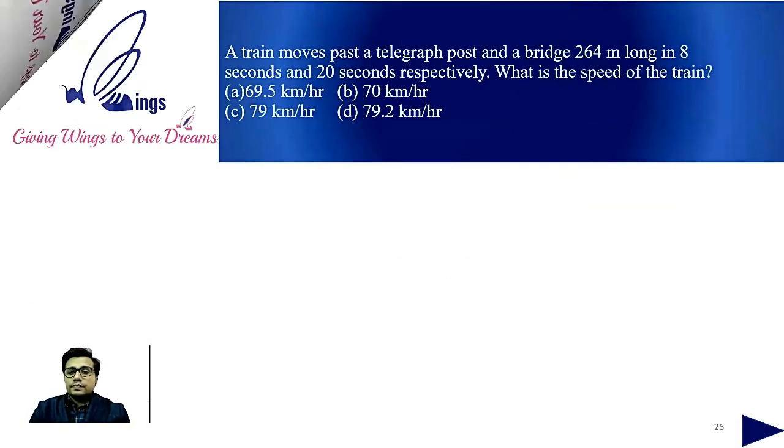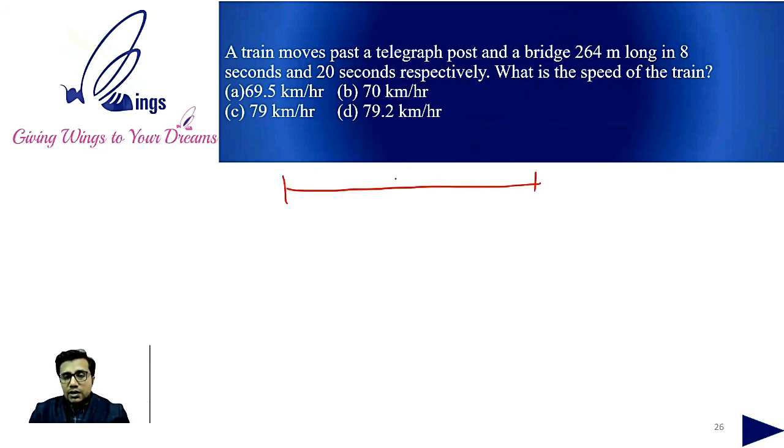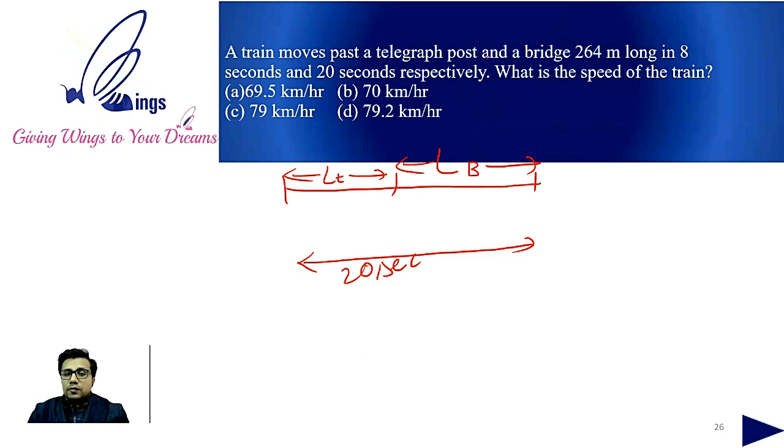Let's move on. Do you remember, when the train passes a bridge, it has to cross its own length LT and also the length of the bridge. Both it has to pass. For this it is taking 20 seconds. But when it has to cross the telegraph post, it has to cross only its own length. For that they are telling 8 seconds.